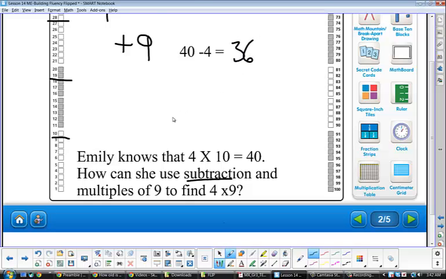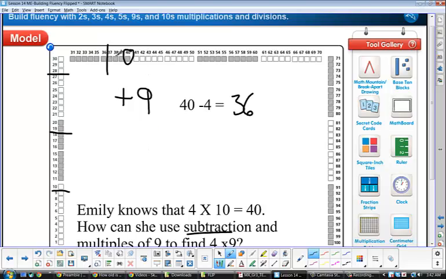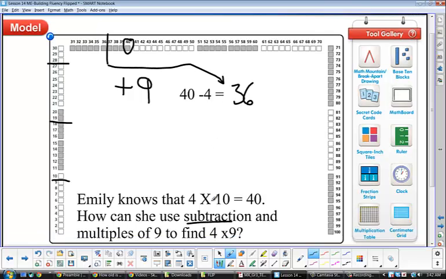And so I just gave you 2 strategies to be able to find out that 36 is the same as 4 times 10 minus 4, or 4 times 9 equals 36.